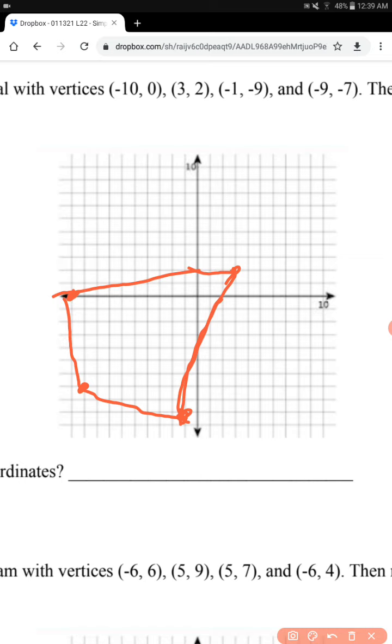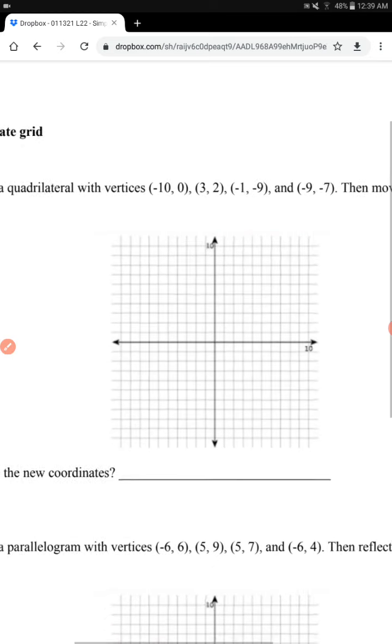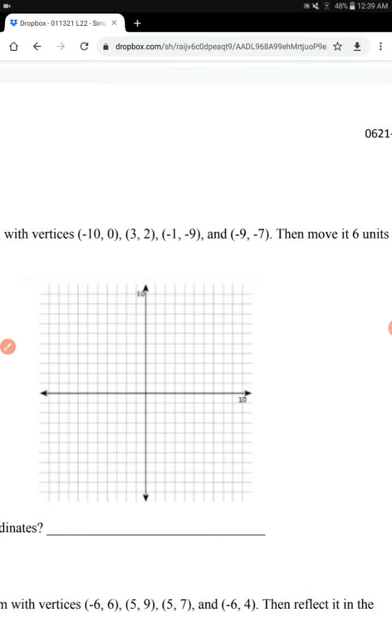But instead of counting like 1, 2, 3, 4, 5, 6, that takes a while and it's really boring. So I'll show you a bit of a trick. When we move things up on a graph, like we have a coordinate and we move things up, the x value, right or left, doesn't change.